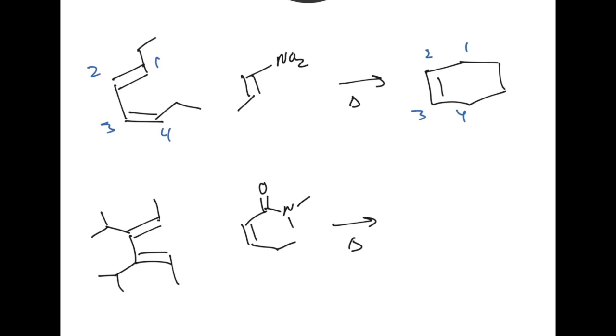The groups on 1 and 4, are they on the same side or opposite sides? They're on opposite sides. So wedge, dash. Now I ignore the fact that 1 and 4 are even there and say, okay, 5 and 6, same side or opposite side? Opposite, right?